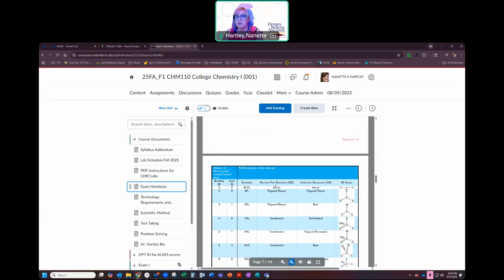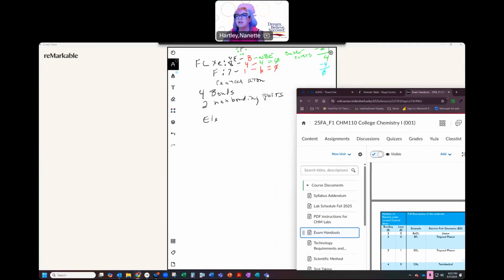The electron pair geometry is the first thing. The molecular geometry is the second. So I'm going to write electron pair geometry here. Oh, hold on. Move this over so we can look at that.